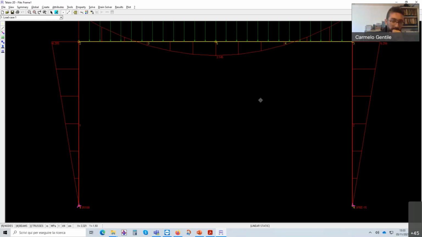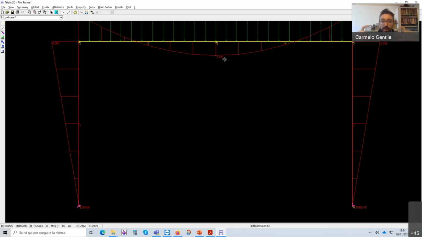Okay, we have that the maximum bending moment here is much less than before. Before it was 7 point something, and now it is 3 point something. Why? Because in the previous case, it was as if we had only one beam on 2 vertical supports.